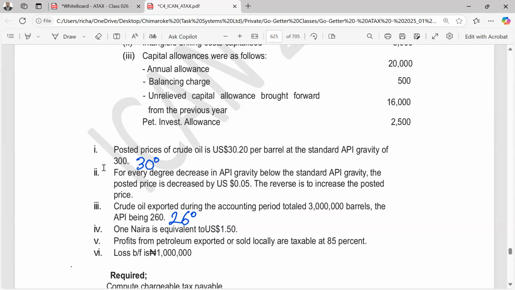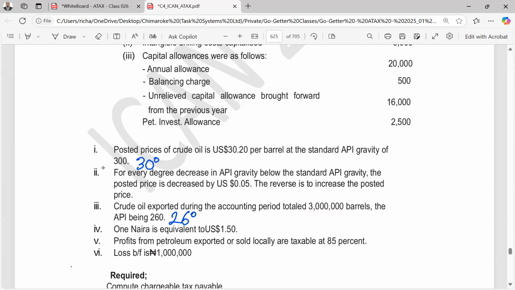Even if the solution takes it as 300 and 260, we will not mind, we will treat it as 30 and 26. The principle is the same. Now look at the exchange rate. 1 naira is equivalent to $1.50.